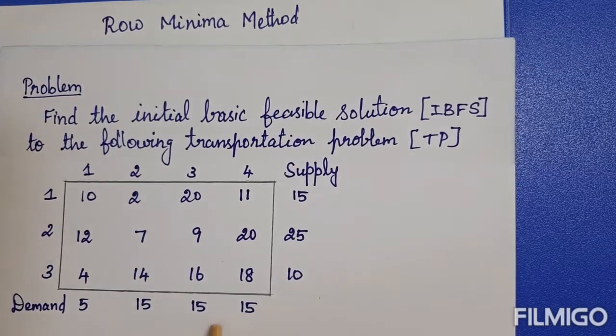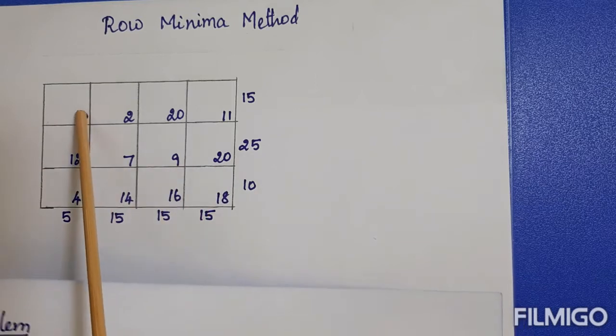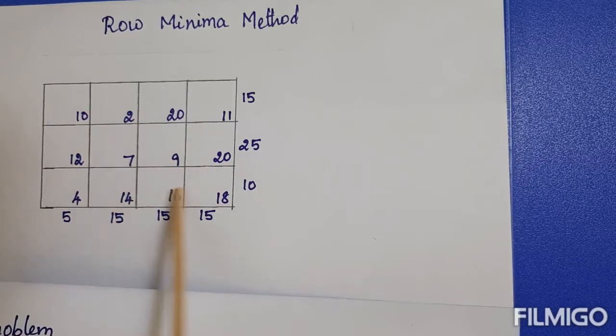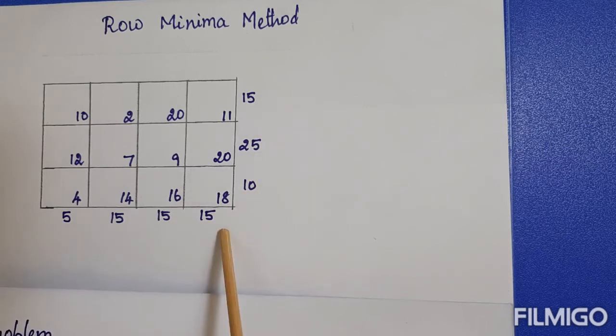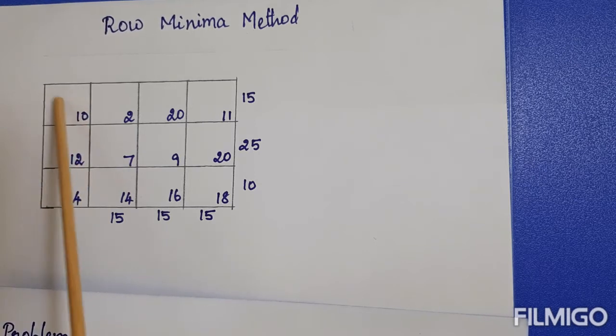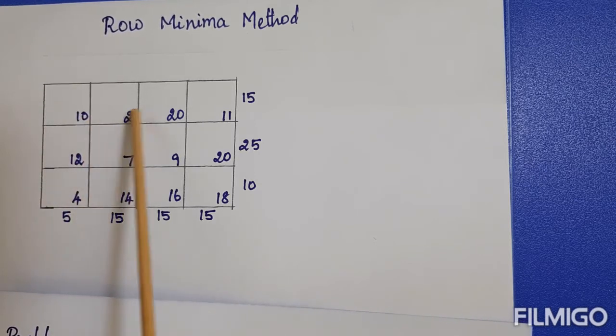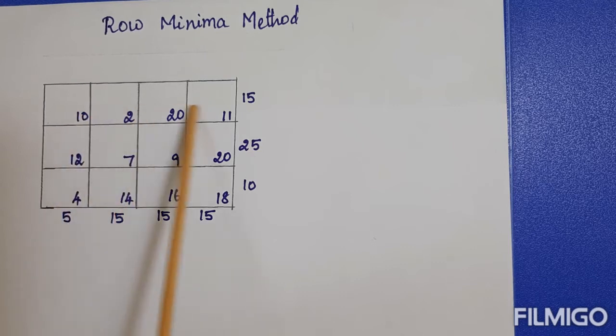So, we make a tabular column like this. Here, we write the transportation cost, here the supply, here the demand. We want space here to write the allocation. That's why I am writing the cost in this corner. First, we have to select the first row.